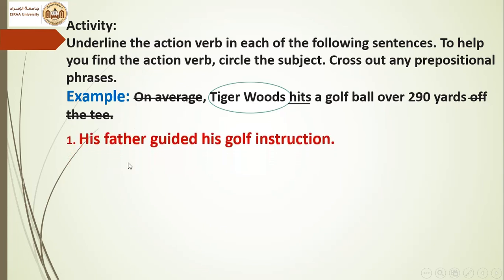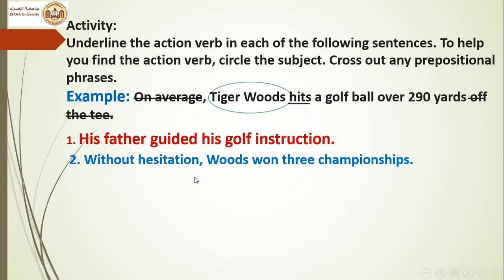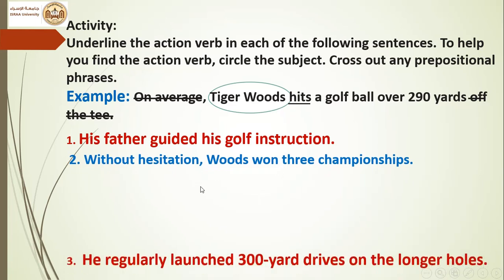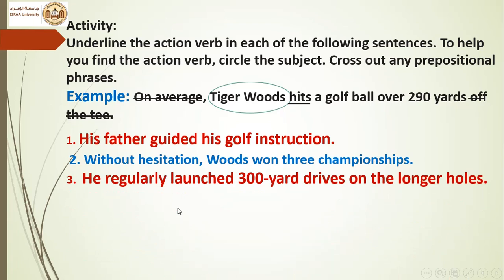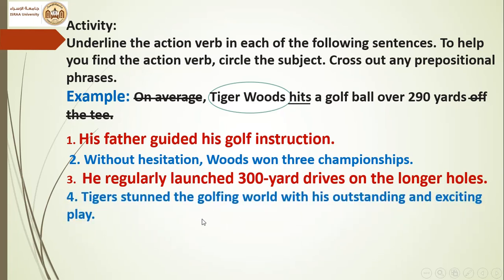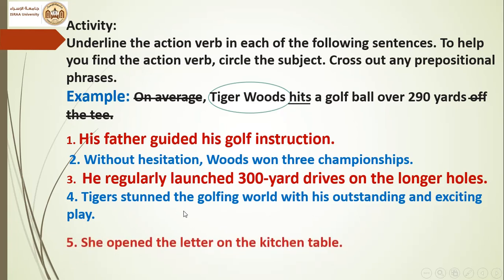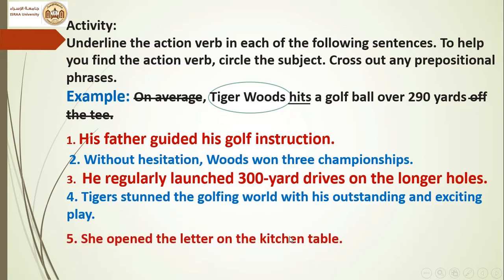You are going to do the same with the following sentences. Number 1, his father guided his golf instruction. Number 2, without hesitation, Woods won 3 championships. Number 3, he regularly launched 300-yard drives on the longer holes. Number 4, Tiger stunned the golfing world with his outstanding and exciting play. Number 5, she opened the letter on the kitchen table.